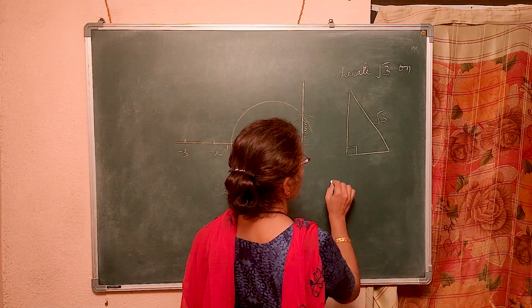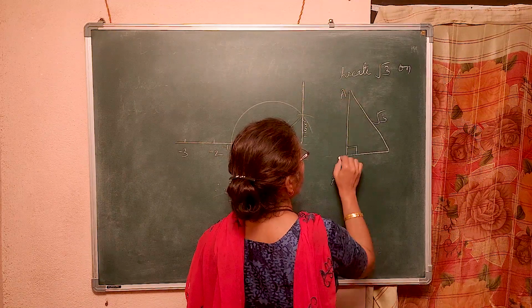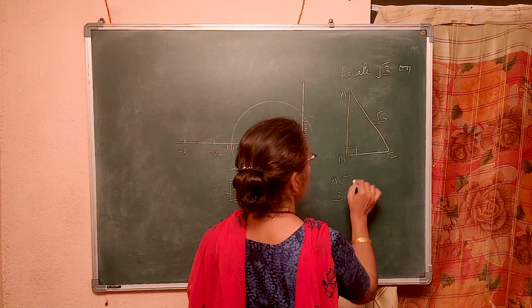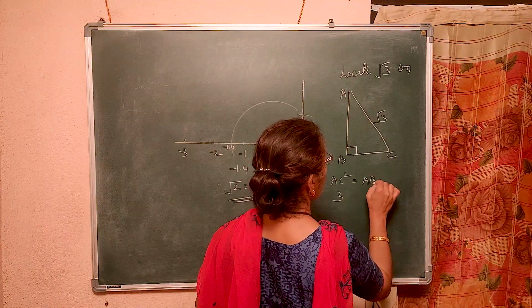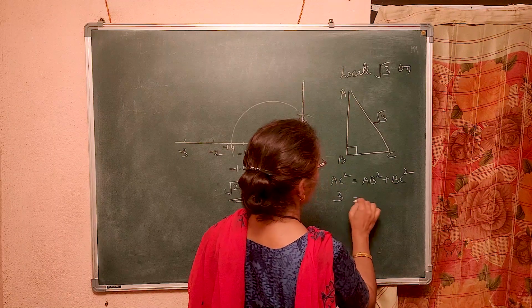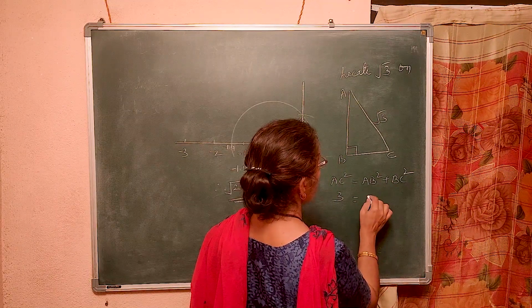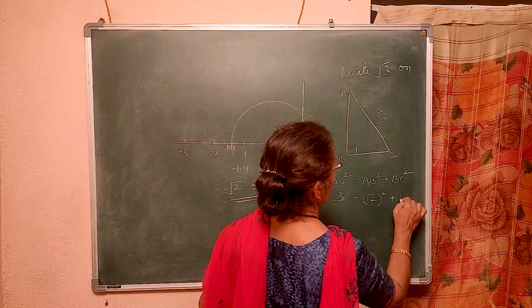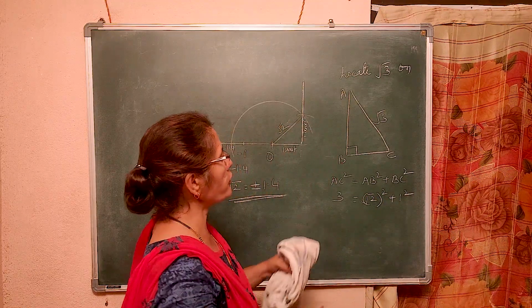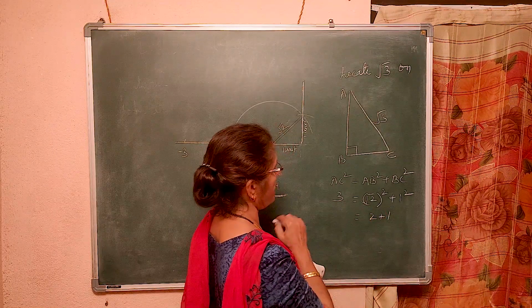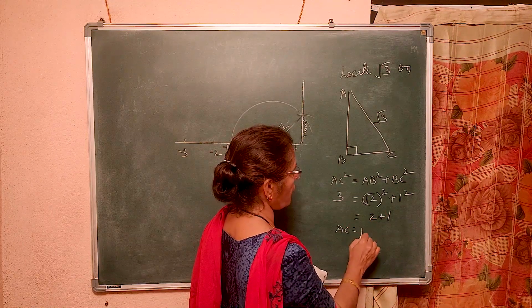Suppose I do AC, see ABC, AC square as 3, then AB square plus BC square. What can I do? I can do like this maybe. AB square as square root of 2 the whole square plus 1 square. What is square root of 2 the whole square is 2 plus 1 is 3. So, AC is equal to square root of 3.